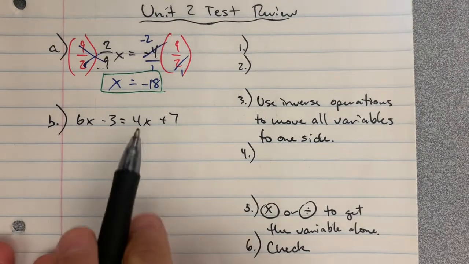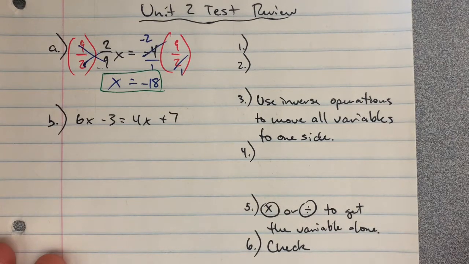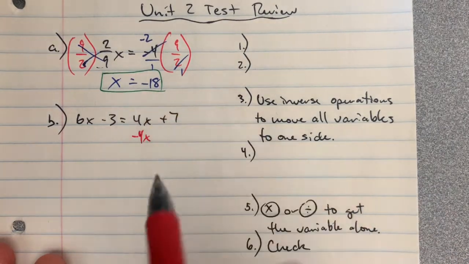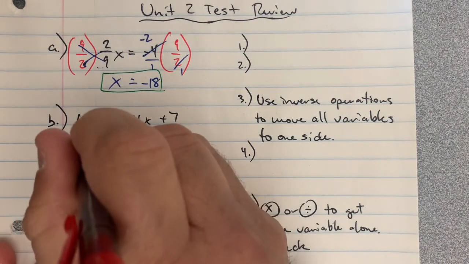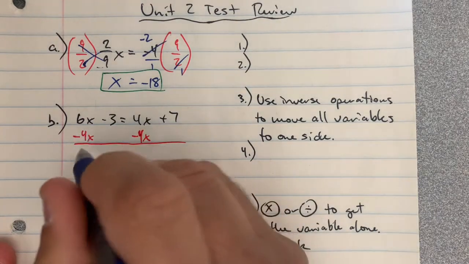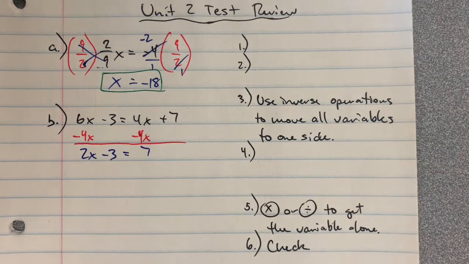I'm going to move this 4x from the right side to the left side. It is a positive 4x, so the inverse of adding 4x would be subtracting 4x. I know it's positive because there's no sign in front of it. And what I do to one side, I do to the other. So now I'm left with 2x minus 3 equals 7.